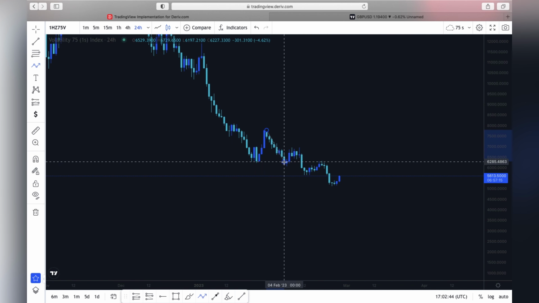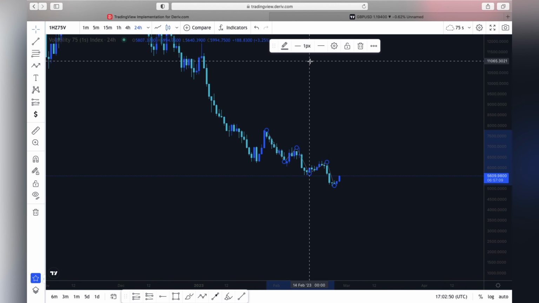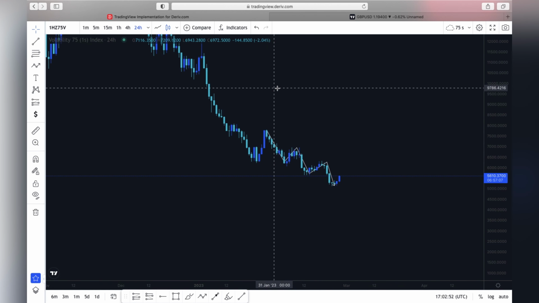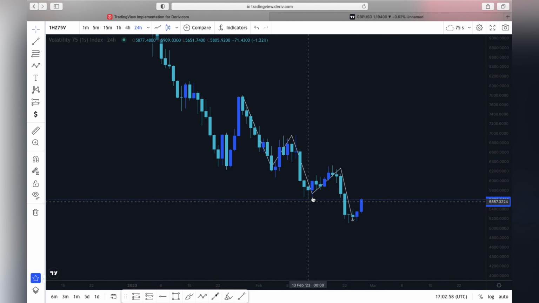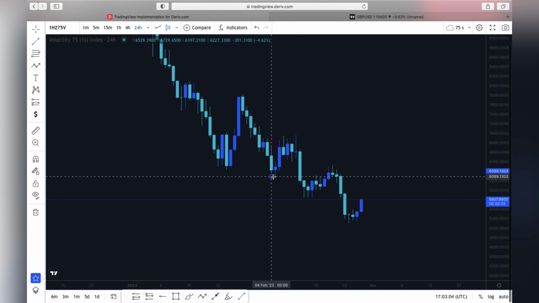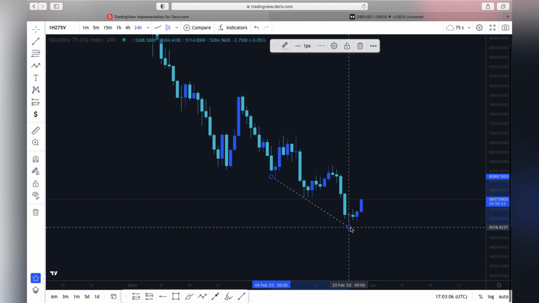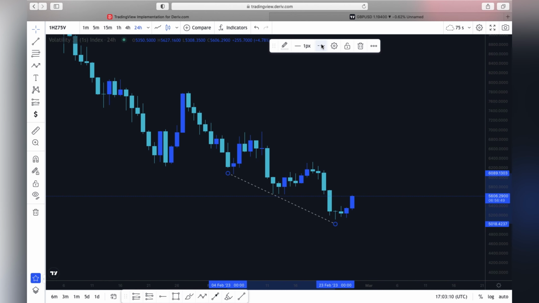So these are my current swings, right? Let me make it lighter. I have these swings to be the current swings and the current impulses. This particular one, then we are having this running channel to the downside. And you all know that when we have a running channel, it is a reversal pattern. So clearly from the daily, we are anticipating volatility 75 1s to kick up, which it is already doing.